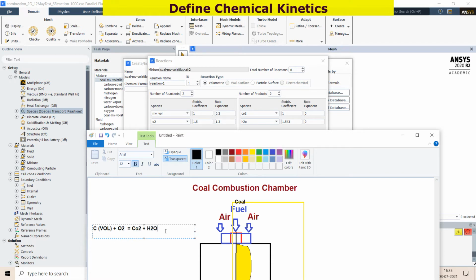This is the reaction. Please note this exponent coefficient is there.